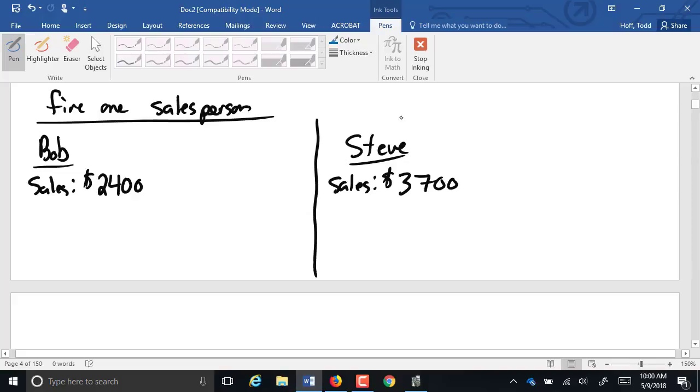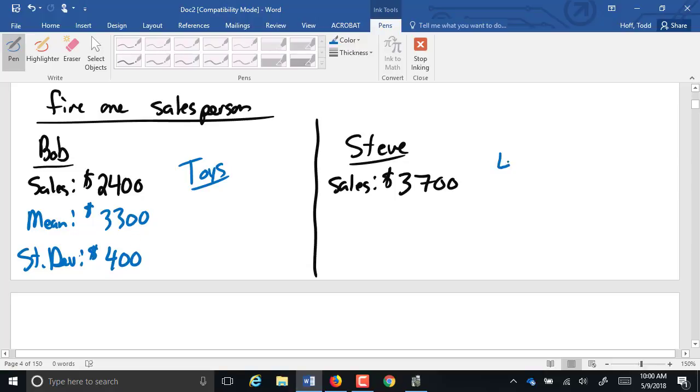Not necessarily. Let's say Bob works in toys. And for all of the salespeople in toys that week, the mean sales was $3,300. The standard deviation of $400. Steve works in electronics.